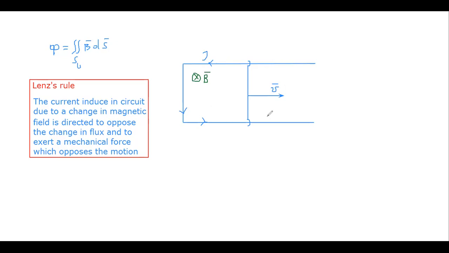Okay, and how to describe this mathematically? According to this picture, motion of this vertical stick leads to change in area. I'll try to draw this on the picture.